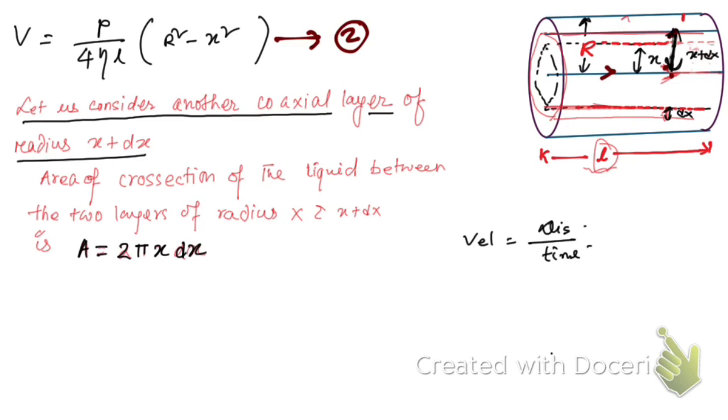But in this case, we need to take the volume between these two layers. So here, instead of taking this cross section, we're going to take the area of this part only. Hope you have understood this.